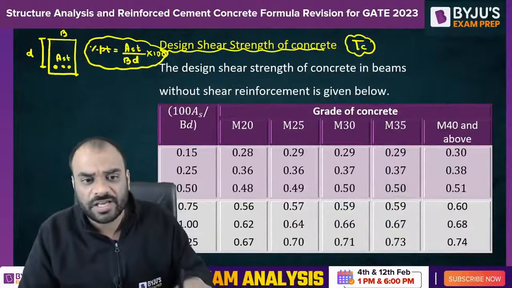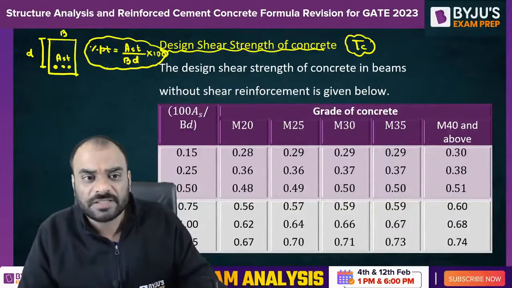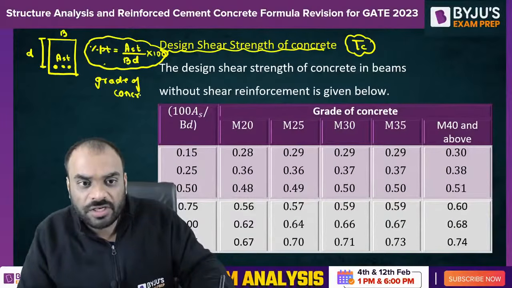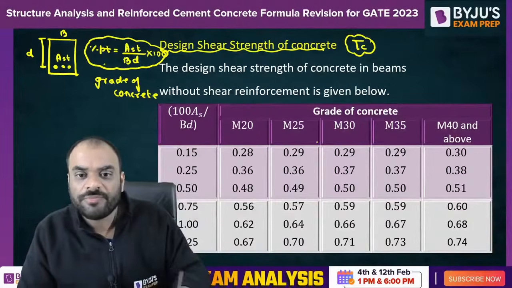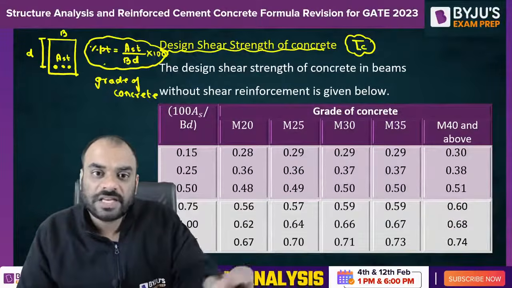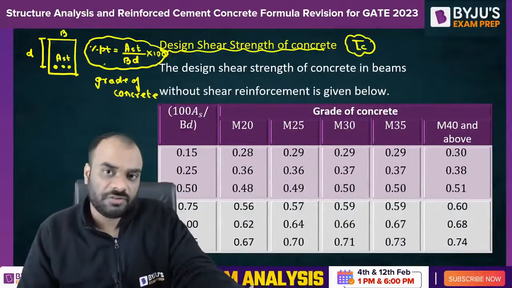According to that combination, percentage tension reinforcement and grade of concrete, you need to choose the value of tau c. Getting a point? And tau c is what? Design shear strength of concrete without shear reinforcement.